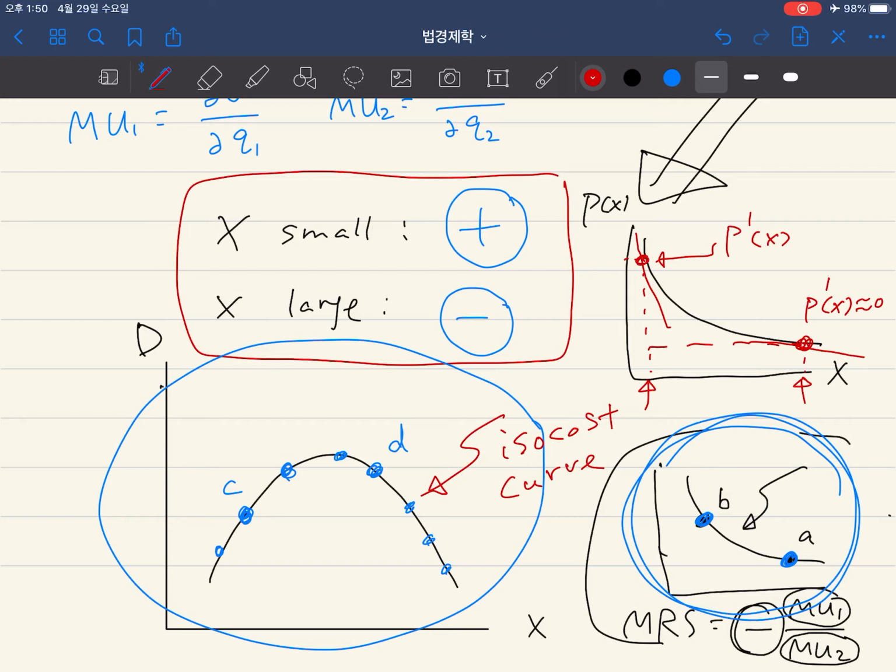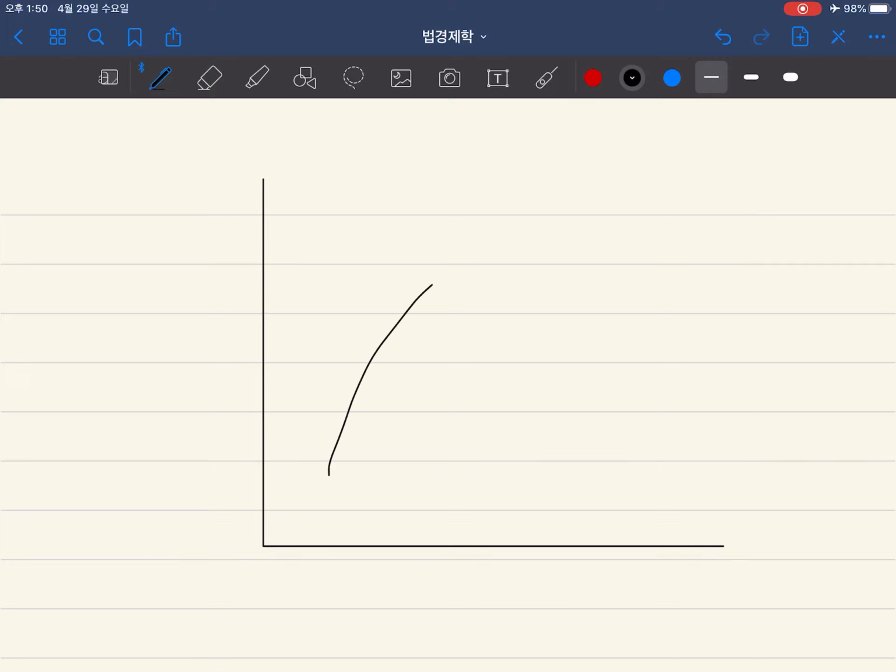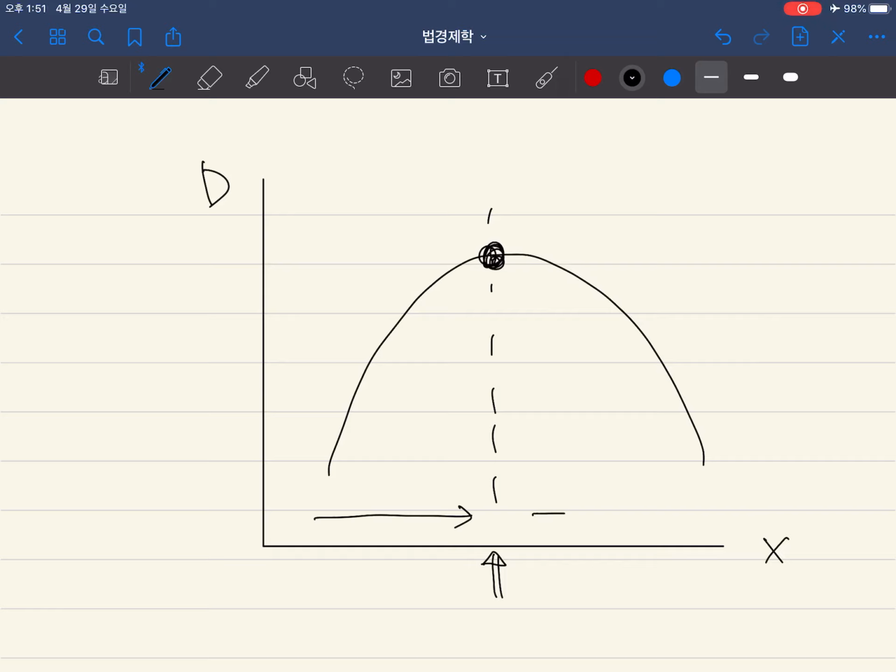Let me use another picture. If you look at this curve, it has a positive slope up to a certain point, and at this point it has a max, and afterwards this curve has a negative slope.